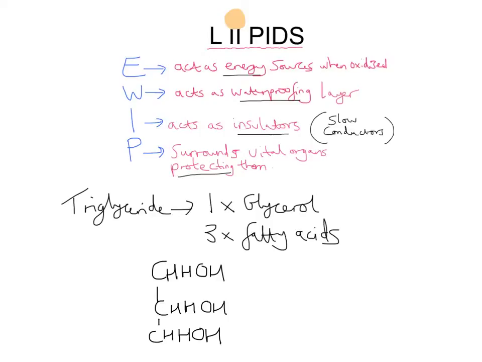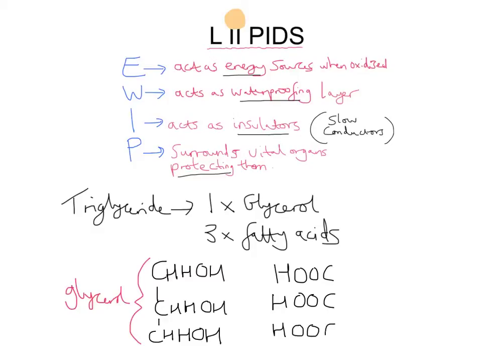What I've drawn here is a simplified version, C being carbon, H hydrogen, O oxygen. This here is a simplified version of a glycerol molecule. And then what we have is something that looks a bit like this. Again, H is hydrogen, O oxygen, C carbon.